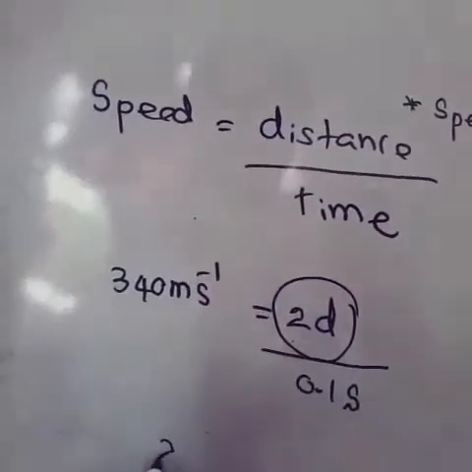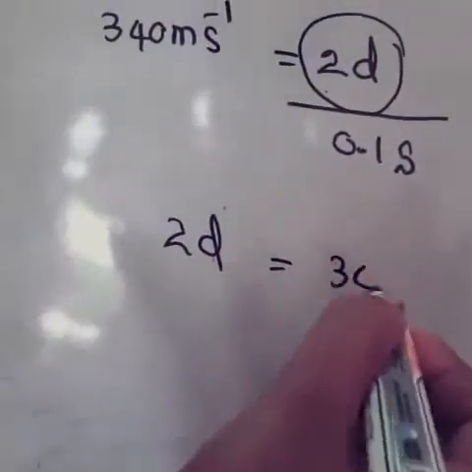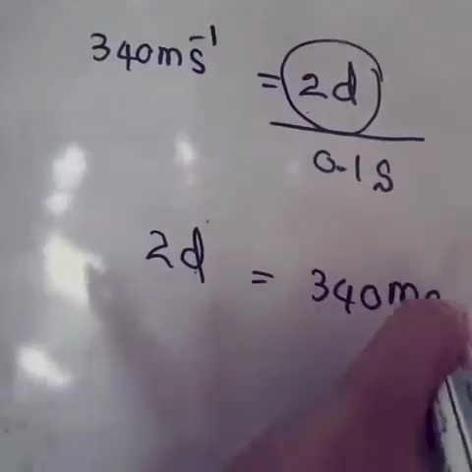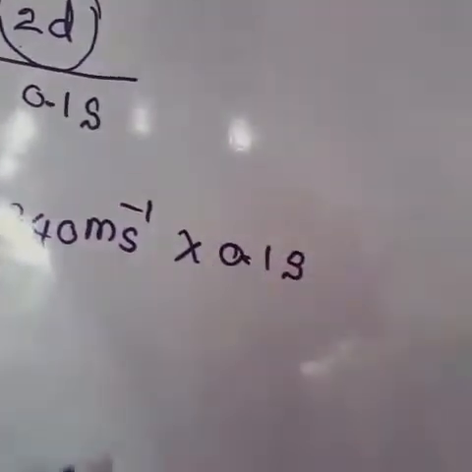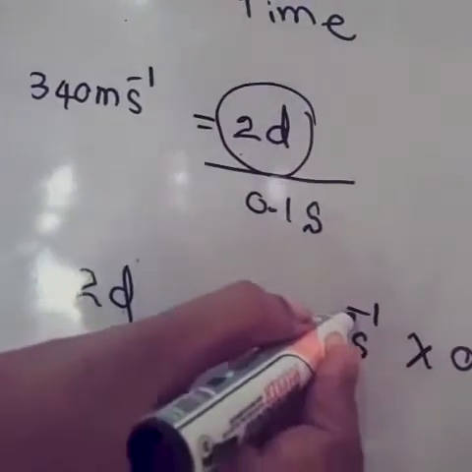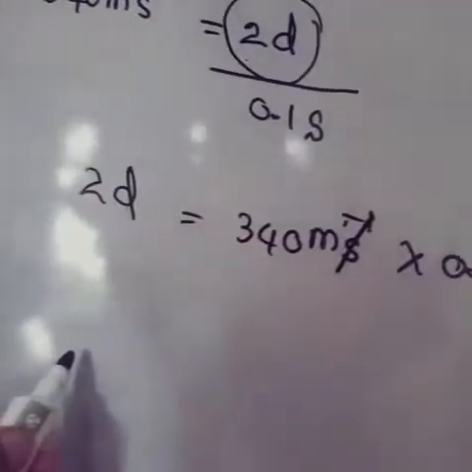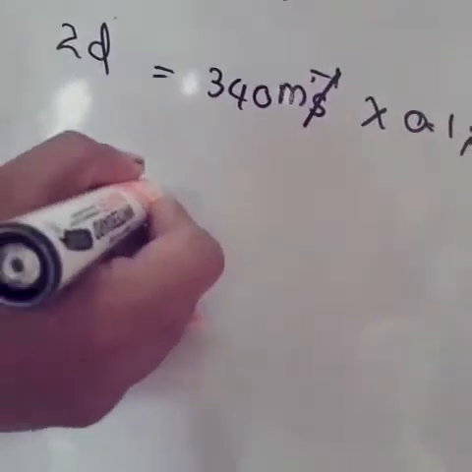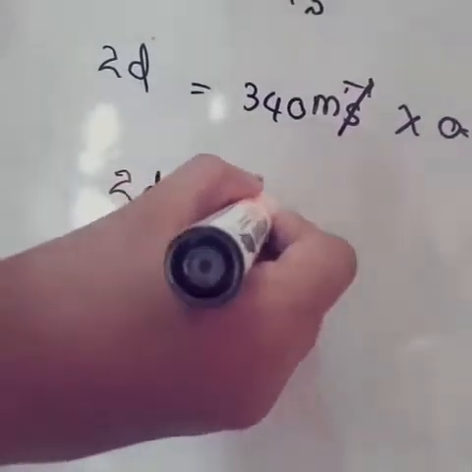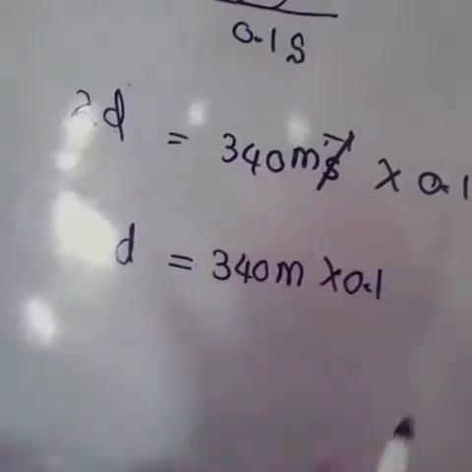2d is equal to 340 meters per second into 0.1 second. The seconds cancel here. Therefore, the answer is 2d is equal to 340 meters into 0.1.